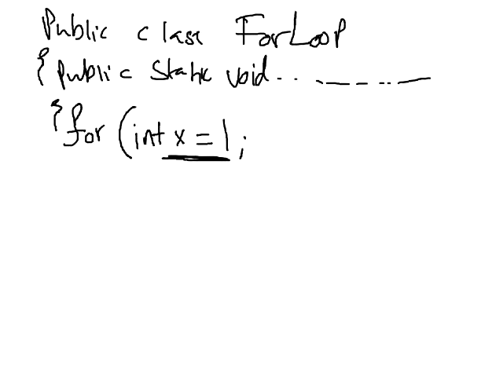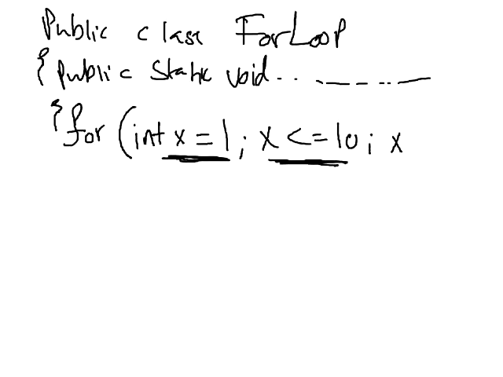So this is the beginning. You set a range to start at 1, and then you want to finish at 10. So you set a range from 1 to 10.